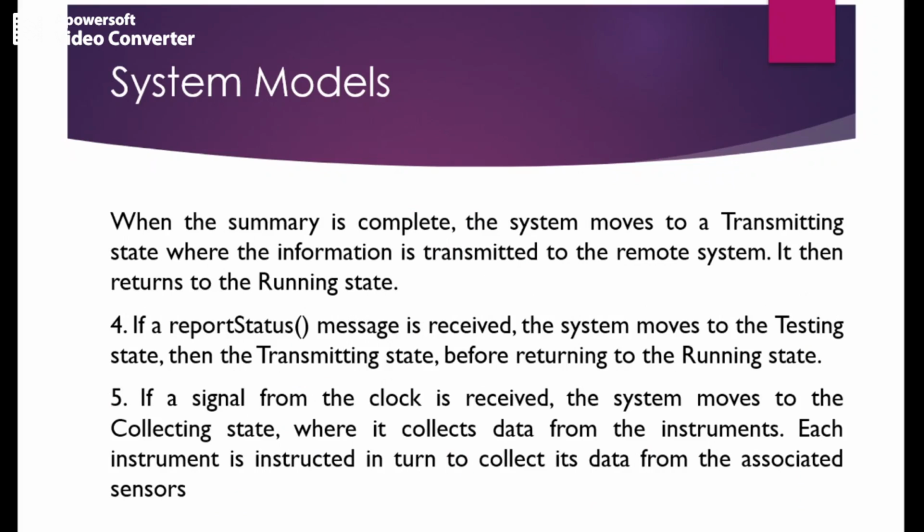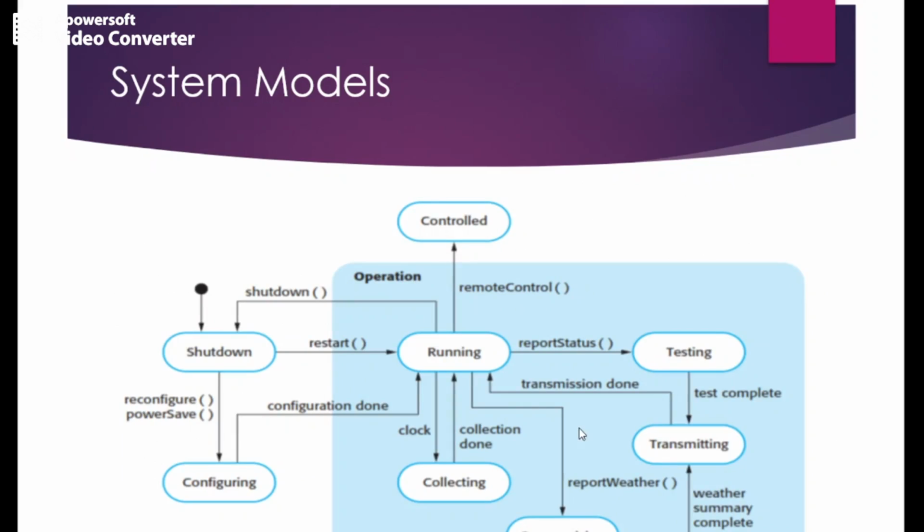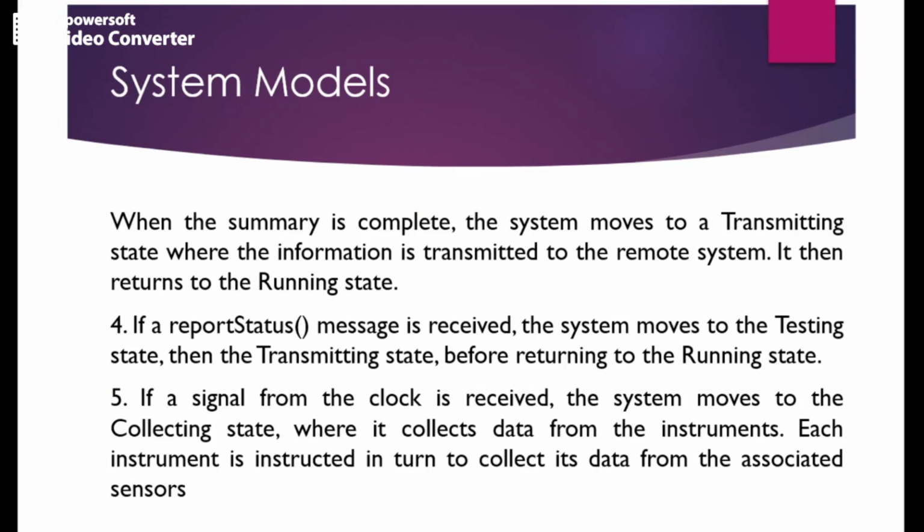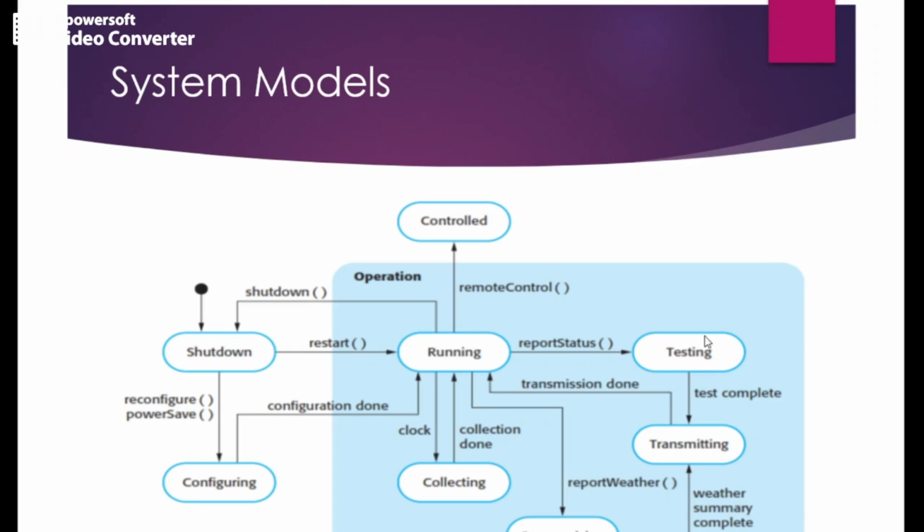Next, when the summary is complete, I've told that weather summary complete. So if the summary of the weather data report is complete, then your system moves to a transmitting state. Can you see one more state here? That is transmitting state. So now your system is in which state? Transmitting state.